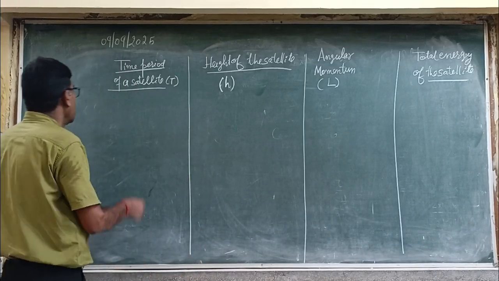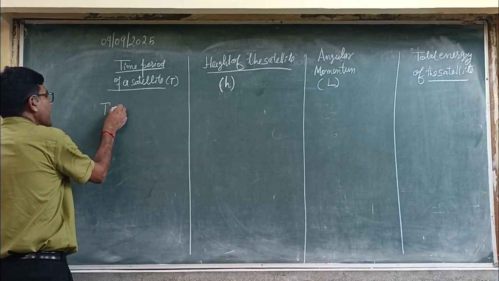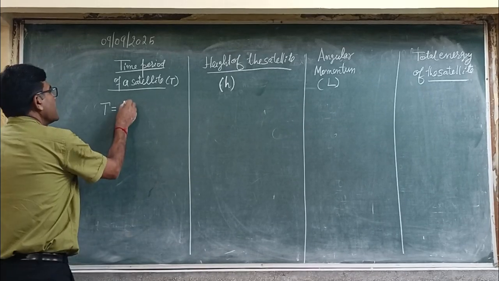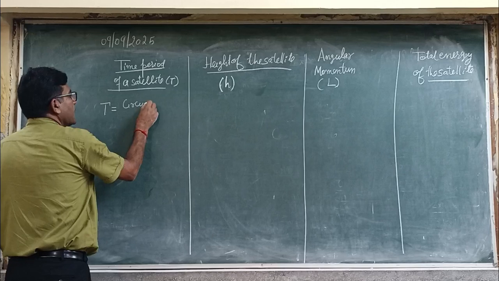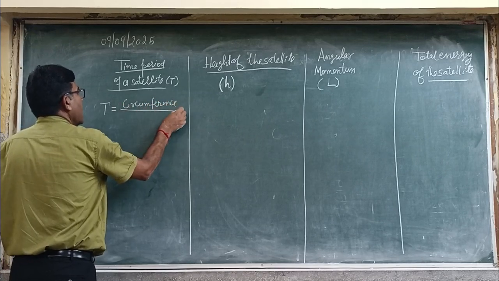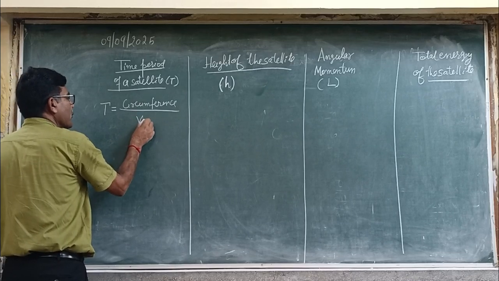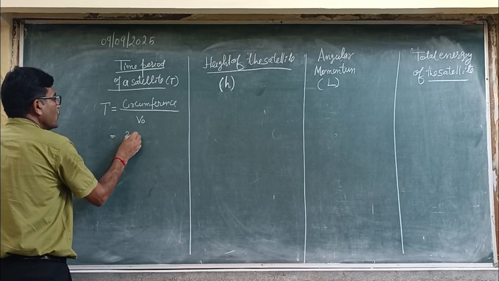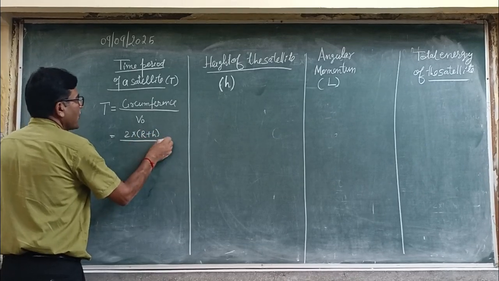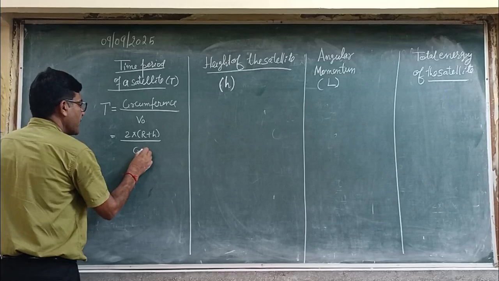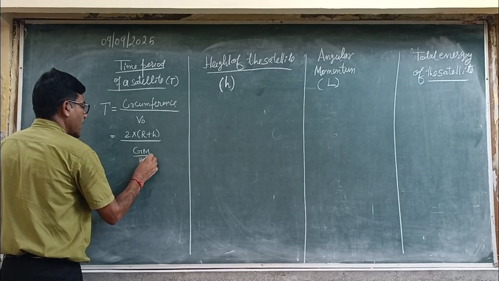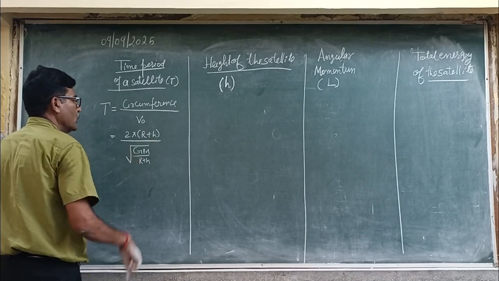Well, we know that time period is defined as the time taken to complete one revolution around the Earth. So this is equal to circumference upon orbital velocity v naught. So this is 2 pi, this is r plus h, and of course this is GM upon r plus h in the root.